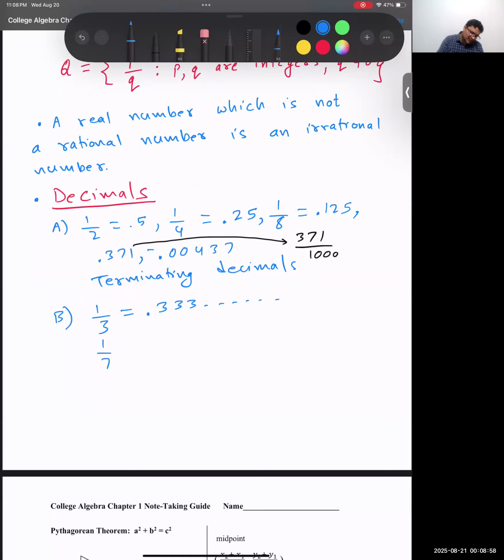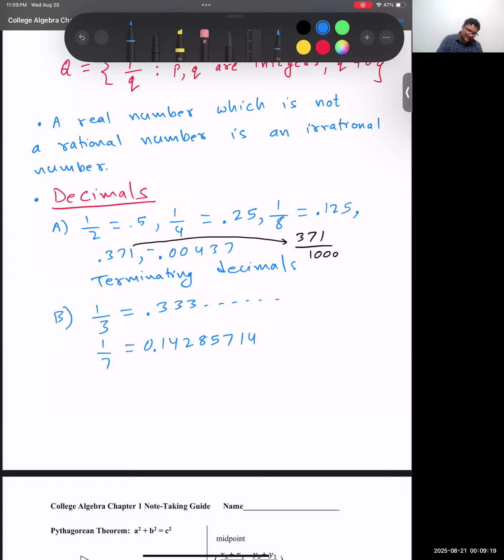How about some other number like 1/7? Try it. And you have to do this by yourself to get convinced. You'll see that it becomes 0.142857. You can take a calculator and try it out.